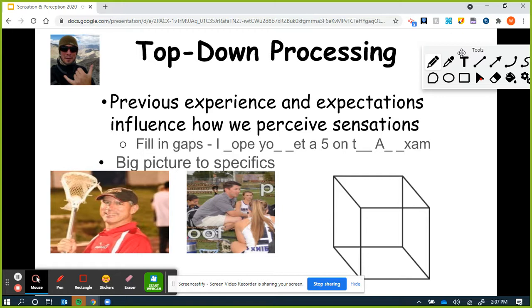Top-down processing refers to how we use prior experience and expectations to build perception. So essentially using mental shortcuts.